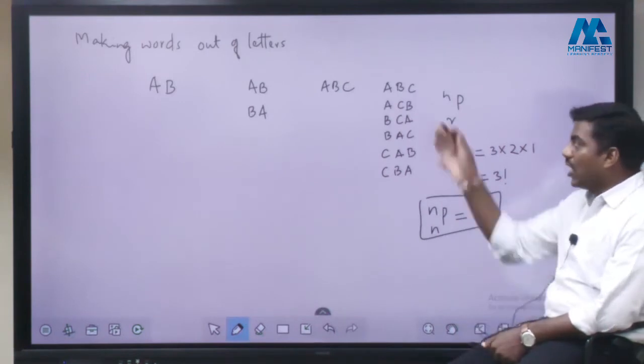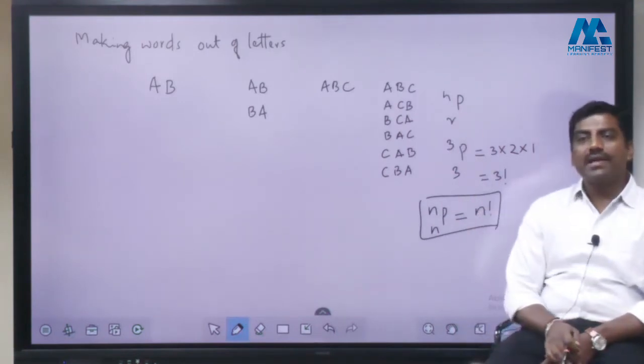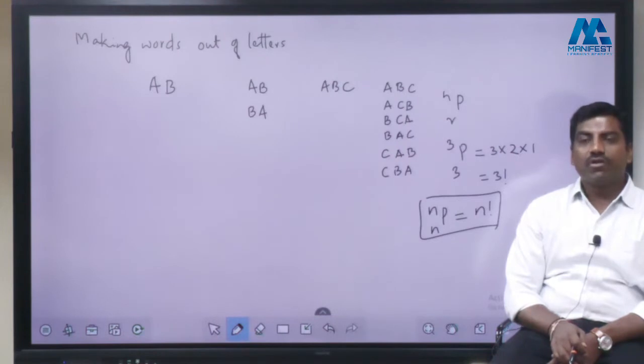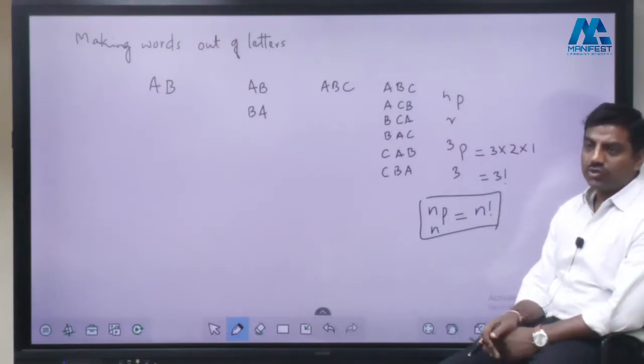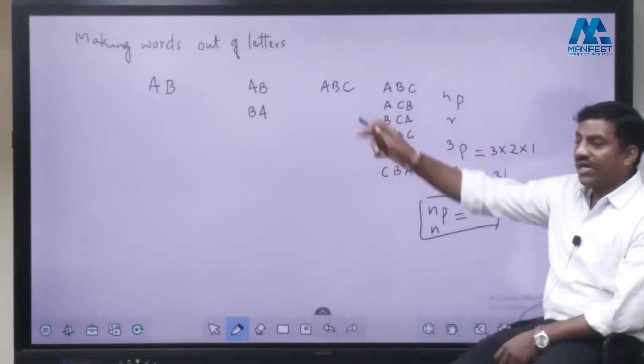Yes. So now, when you are taking all the letters given here, that means when you are taking all 3 letters to make a word, how many ways can we make? 3 factorial, or n factorial. Understood? Here 2 factorial.